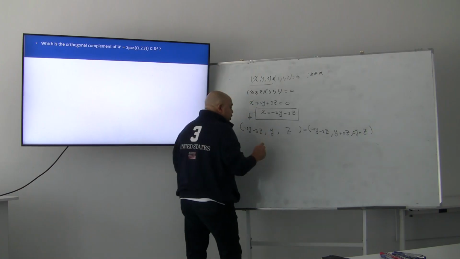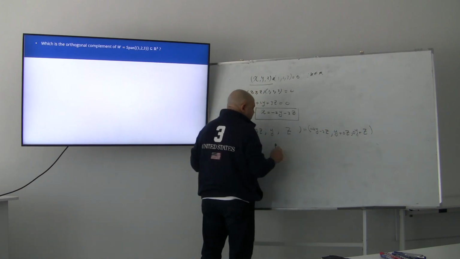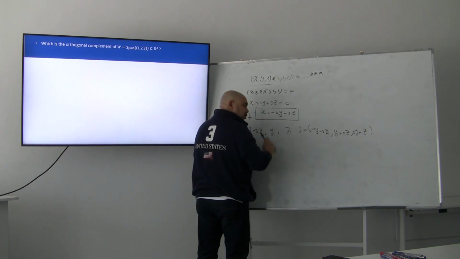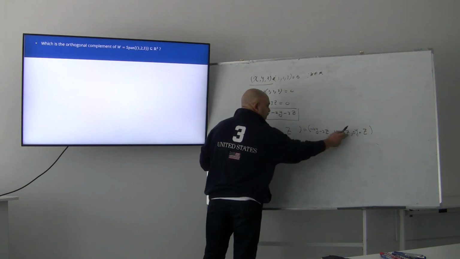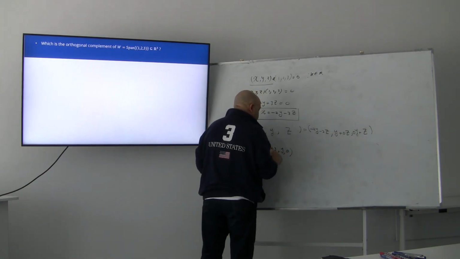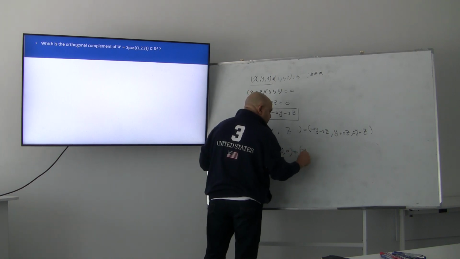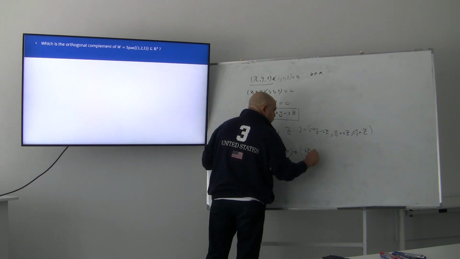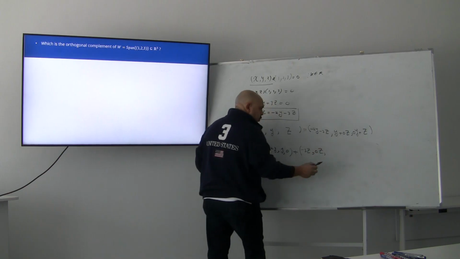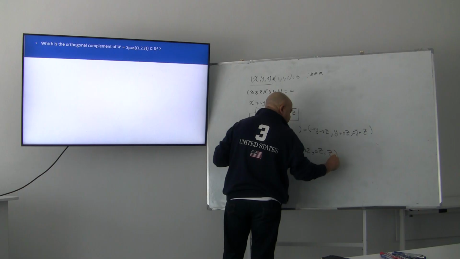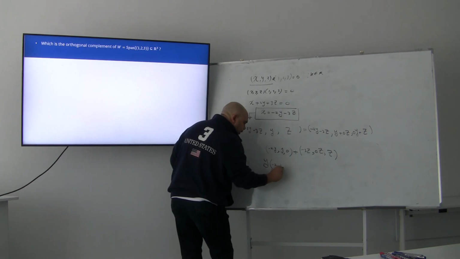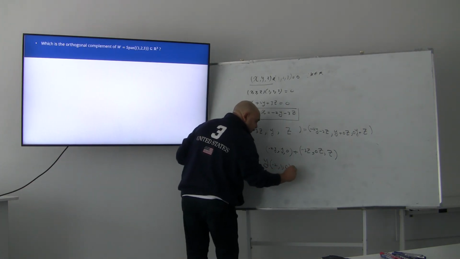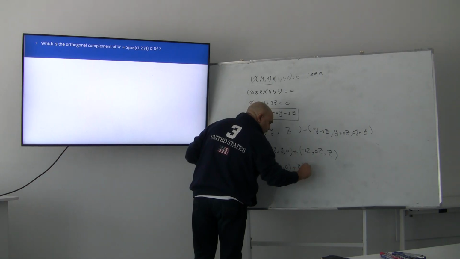I can rewrite it by separating the y's from the z's: negative 2y, y, and 0 times y, plus negative 3z, 0 times z, and z. Taking y and z as common factors, y gives (negative 2, 1, 0), plus z gives (negative 3, 0, 1).